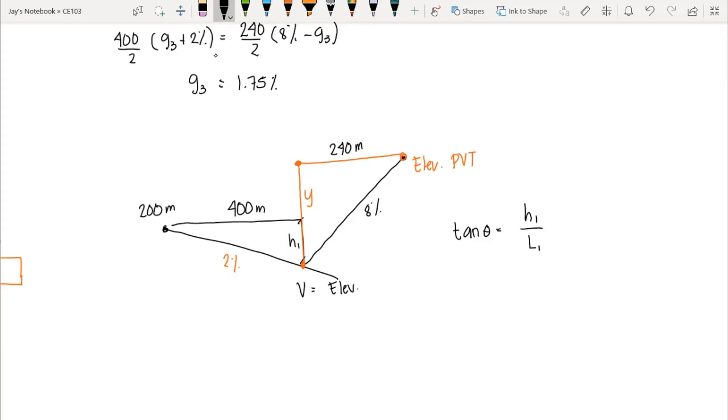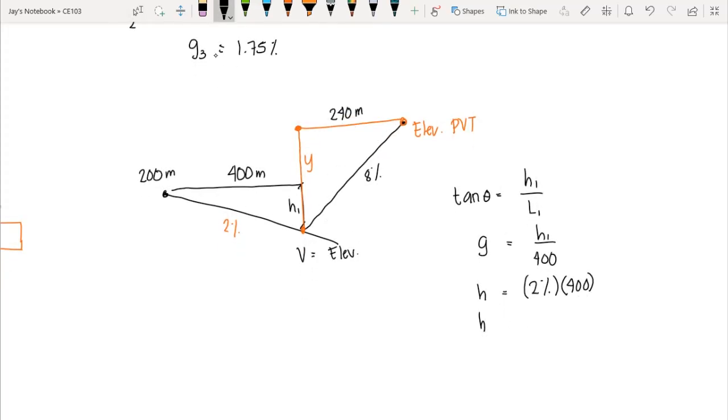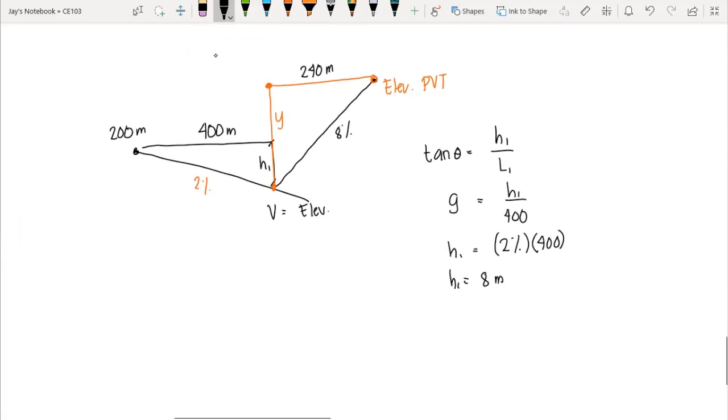So tangent theta is the grade, H1 is the height, our length is 400, so we have H is equal to the grade, 2% times 400. You express 2% here as a decimal, so we have H1, which is 8 meters. So therefore, you would have the elevation of the vertex equals 200 minus 8, and that is 192 meters.